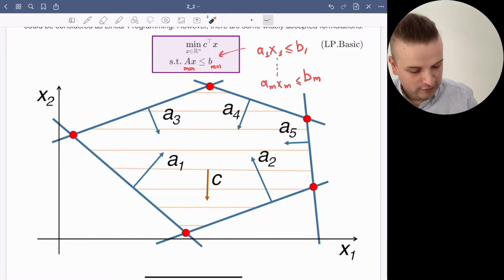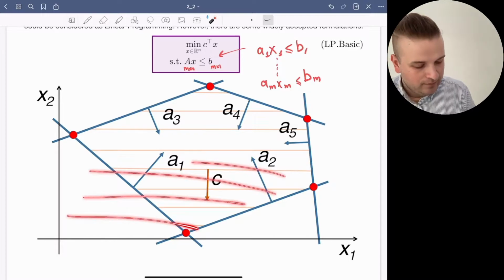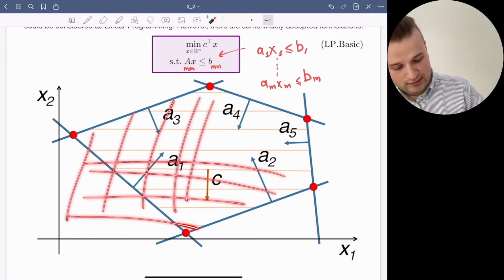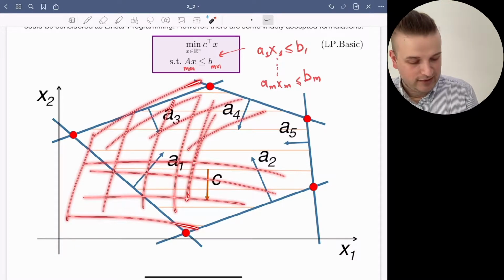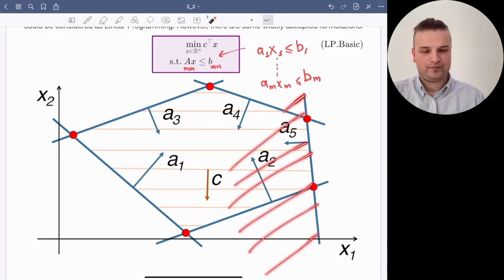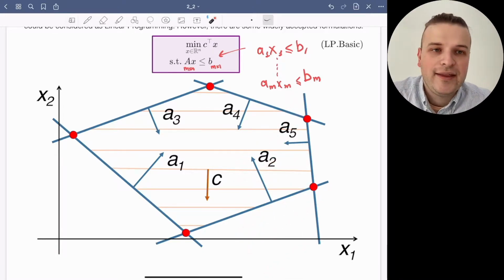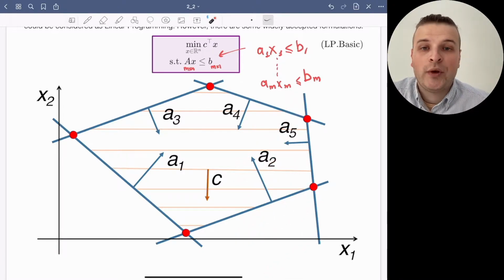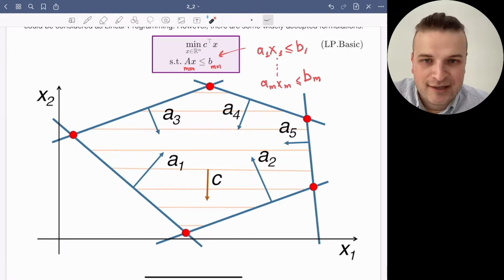Then for the next you have this solution, and for the fourth is this, for the fifth is this, and so on. And that's a pretty picture where all your half planes are intersected in a polyhedron here.